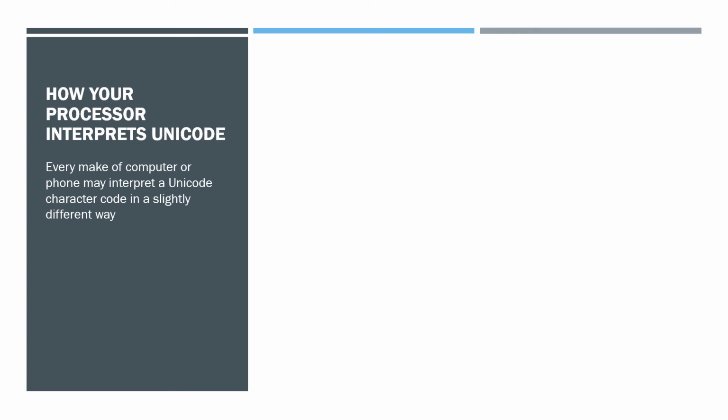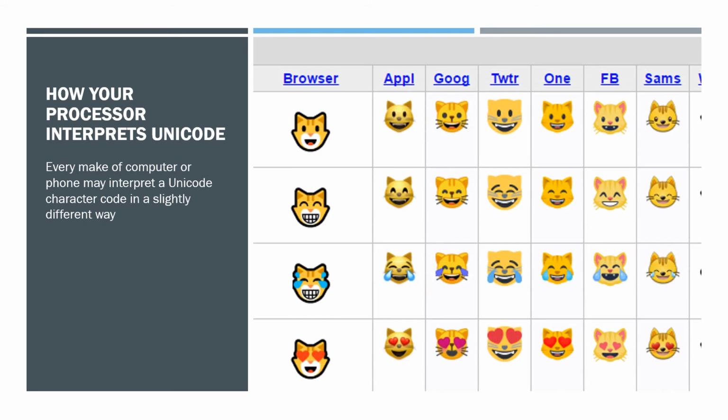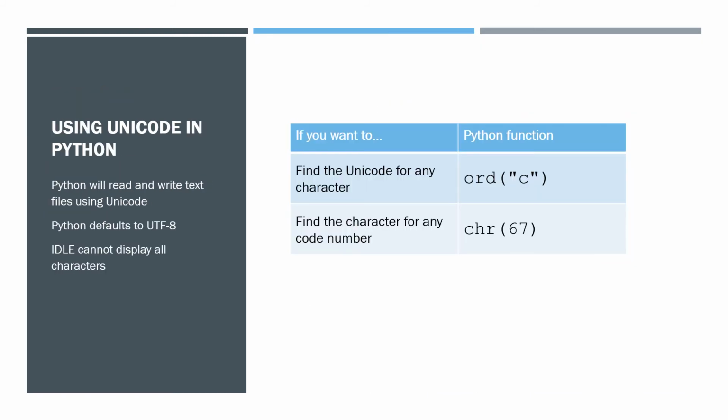In fact, different processors and operating systems interpret Unicode numbers slightly differently. So here are 4 of those cat faces, and you'll see that an Apple phone or Twitter, Facebook will interpret and display those emojis in a slightly different way. You can use Unicode in Python if you like. There are 2 Python functions, ORD and CHR.